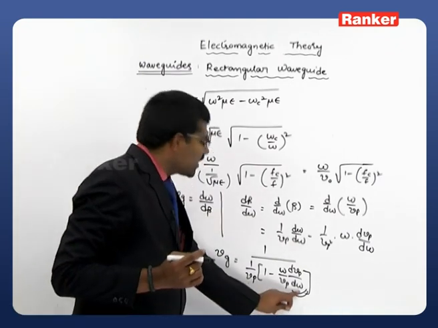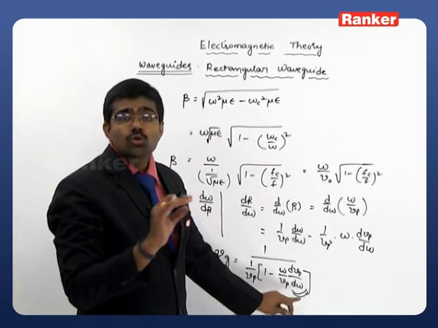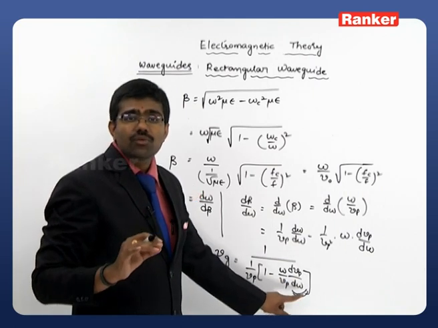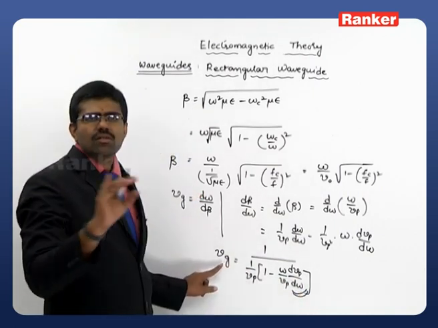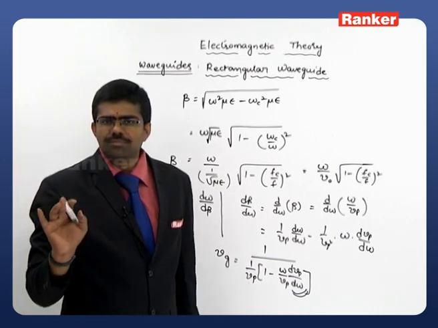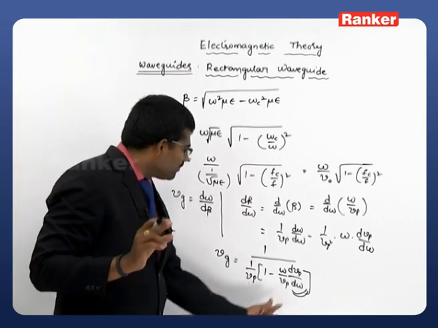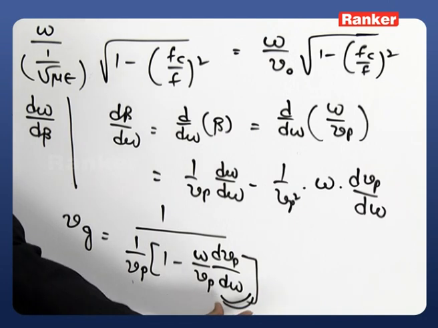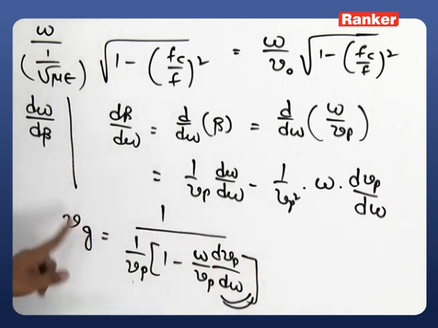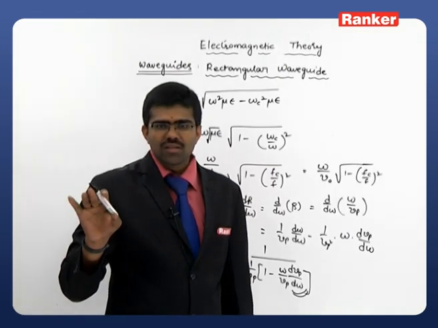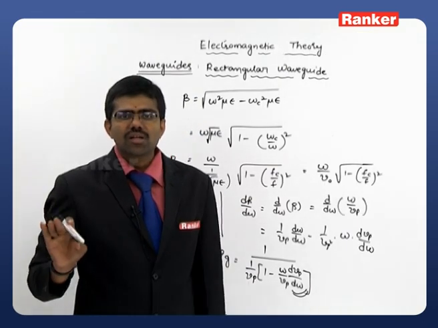If this is constant, meaning it is 0, there is no variation of the phase velocity with respect to the frequency, so group velocity is constant and there is no dispersion. Clearly remember the condition: if dVp by d omega is equal to 0, that is, the phase velocity is independent of frequency, then group velocity is fixed and there will be no distortion or dispersion of the wave.